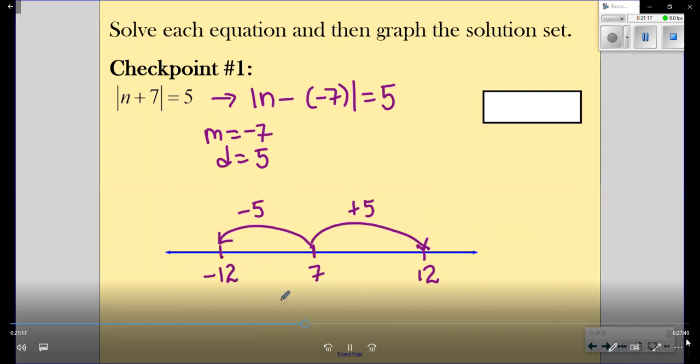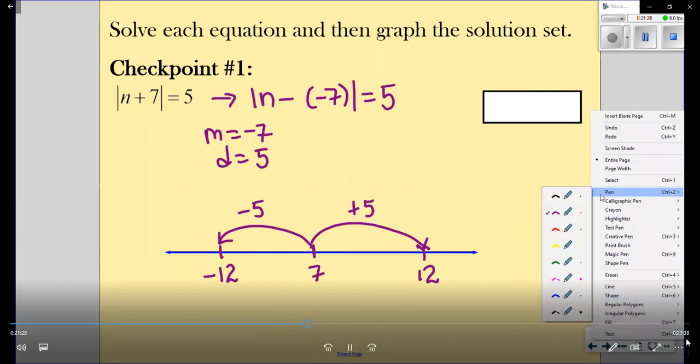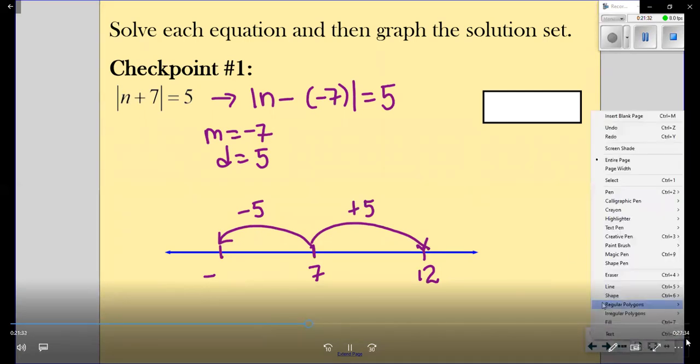Sorry. Did I get that right? Yeah, that's right. Hold on. 7 minus 5, sorry, negative 2. My bad.